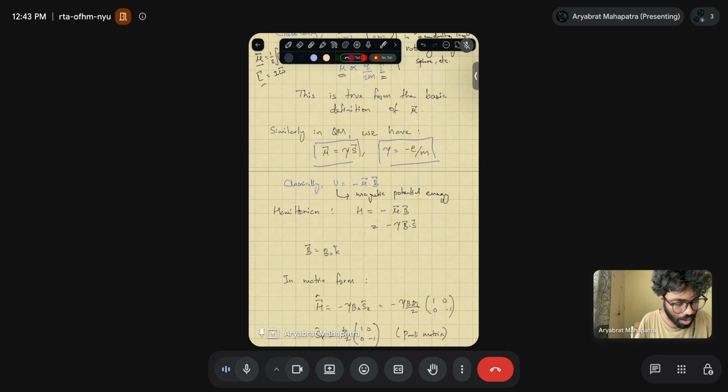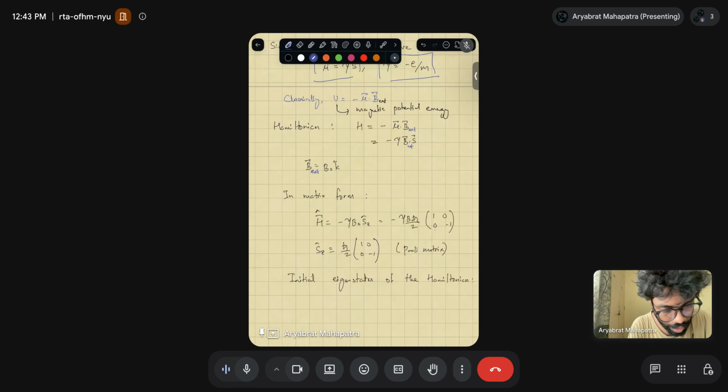Now you want to calculate minus mu dot B external. That is minus gamma B external dot S. B external is B naught k.